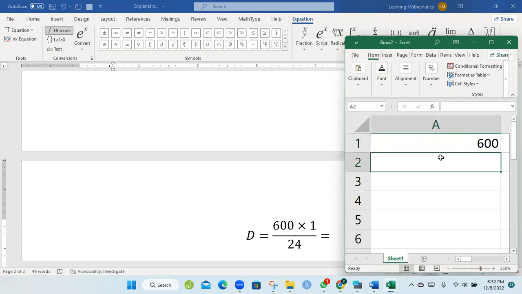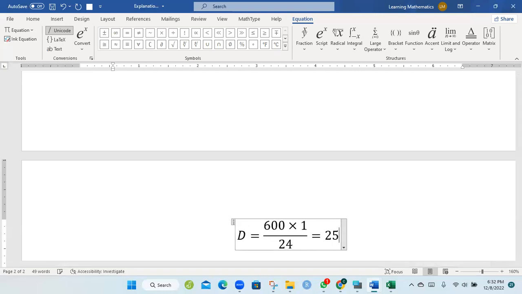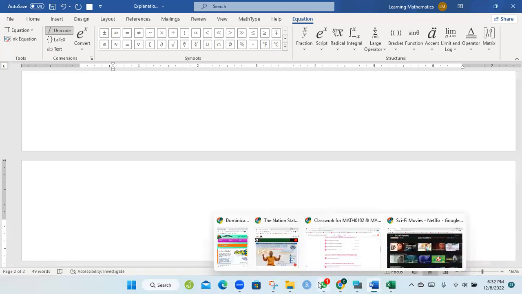So we can just type equal there, A1 divided by 24. So that will give us 25 days. So it will take 25 days for the tank to leak all the water and be empty.